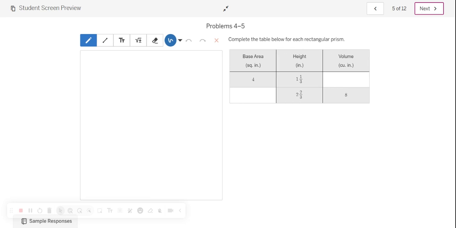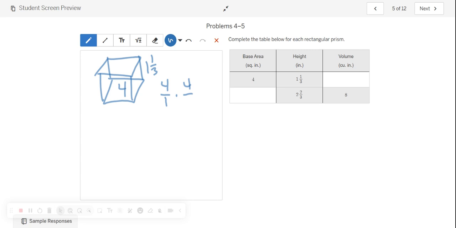So here they didn't give us a picture, but they're telling us the base area of whatever the shape is, I don't care, is a 4. And the height of this thing, whatever shape it is, 1 and 1/3. As long as it's not a triangle or a pyramid, we're good. So the volume is just going to be 4 over 1 times 4/3.